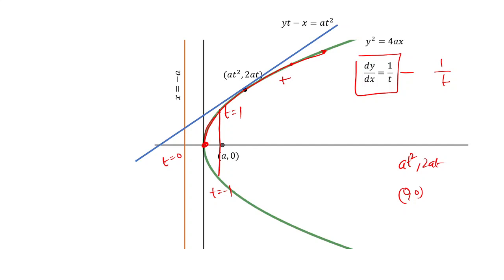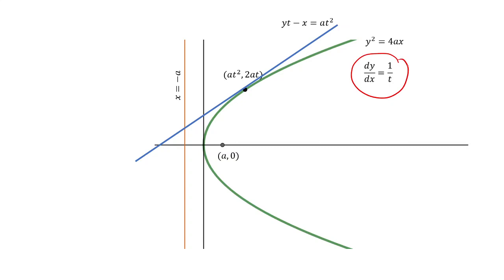From here, the t is 0, it goes to t equal to 1 here, then t equal to 2 will be somewhere here, then t equal to 3, and then all the way to t tends to infinity. Then down here you see the t is decreasing. In the downward part, the t is -1 at the end of the latus rectum, then here t will be -2 somewhere, here t will be -3, and then all the way to t tends to minus infinity. T is a very useful parameter.